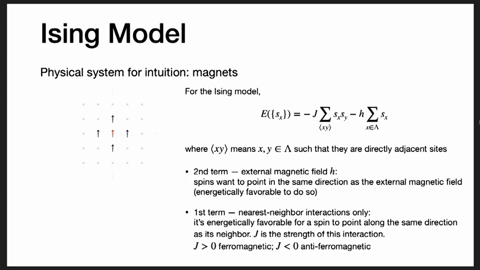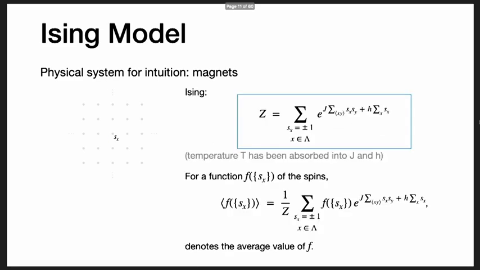Okay, so that's it. This is a very explicit Ising model. Let me just summarize it here. The partition sum is you sum over all spin configurations, all possible values of plus or minus 1 for every spin site, weighted with this distribution here. If you want to compute some observable, colloquially the average value of some function of the spins, you stick it into the sum over all spin configurations, up to some normalization factor.